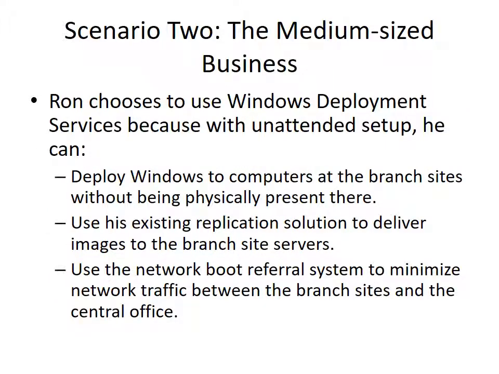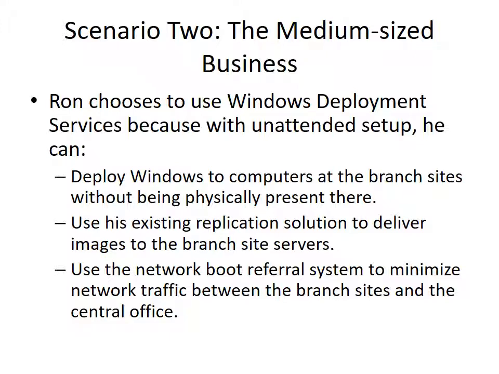In this case, Ron also chooses to use Windows Deployment Services because he can use the unattended setup to deploy Windows to computers at the branch sites without physically being present there. He doesn't have to travel there. He can configure the computers to automatically grab the system image and start installing.